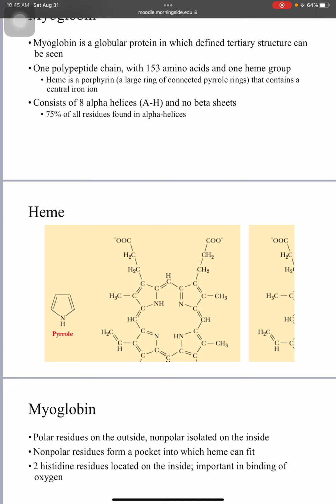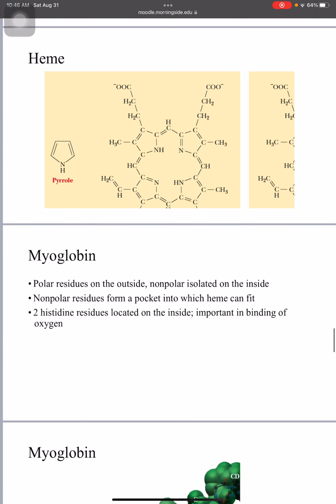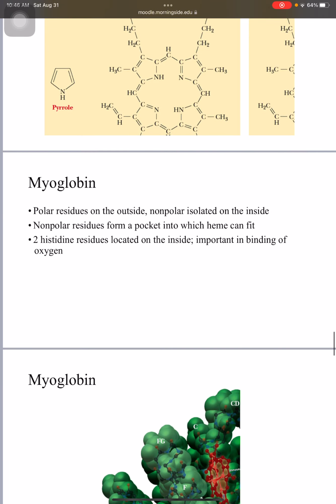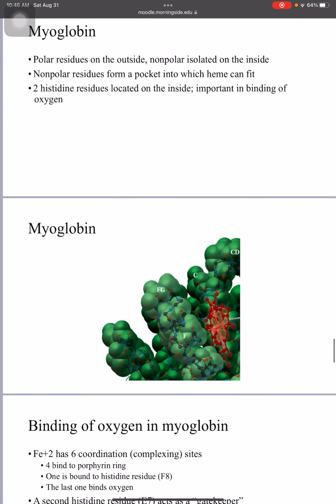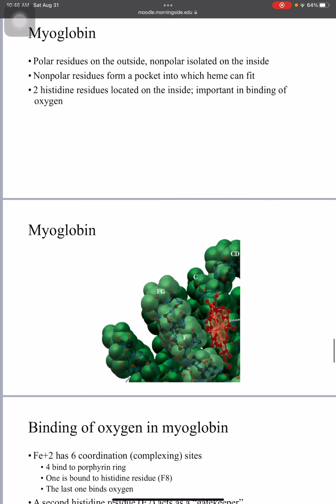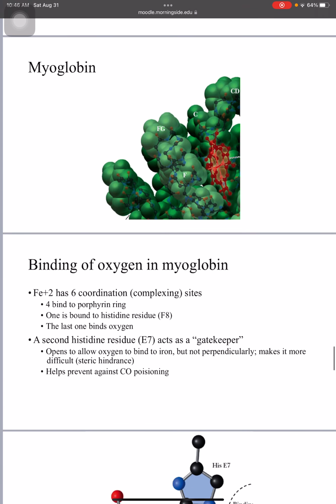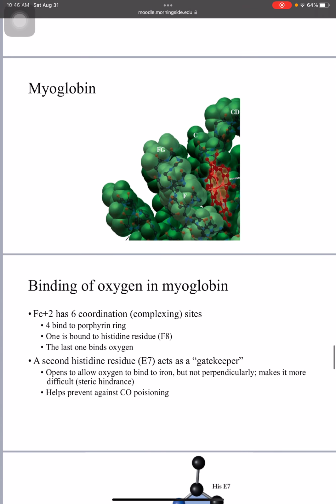This iron can actually form 6 bonds. 4 of the bonds anchor iron into the middle of this heme ring. It has 6 coordination sites. 4 of them bond to the porphyrin ring. One of them is bound to one of the amino acid residues found on helix F in the 8th position.